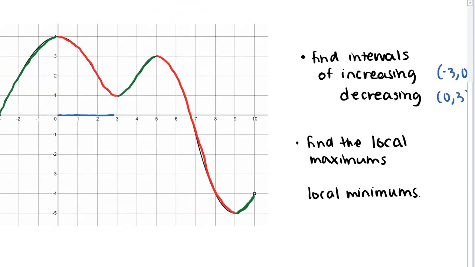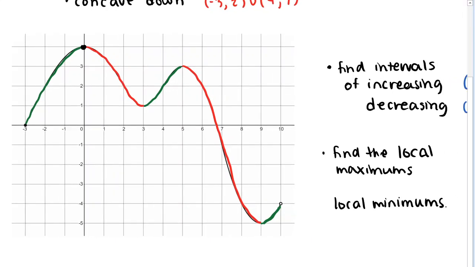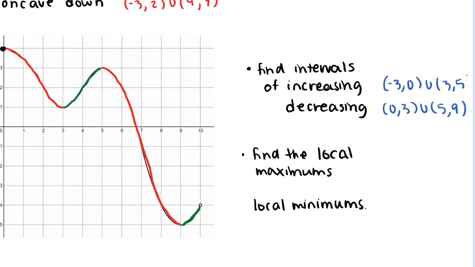And what about local maximums? Well, local maximums occur when the function changes from increasing to decreasing, right? We can see that there's kind of this little peak here where the function changes from increasing to decreasing. And when we talk about local maximums, we're talking about the y values, the output value. So here we have an output value of 4.